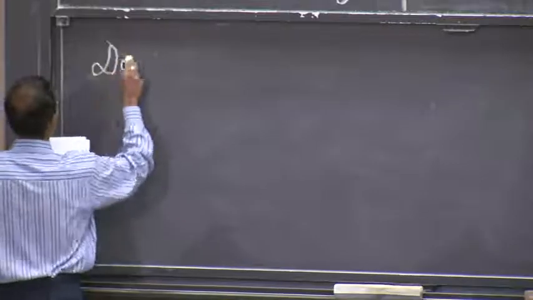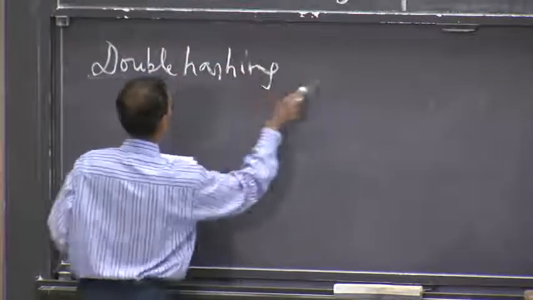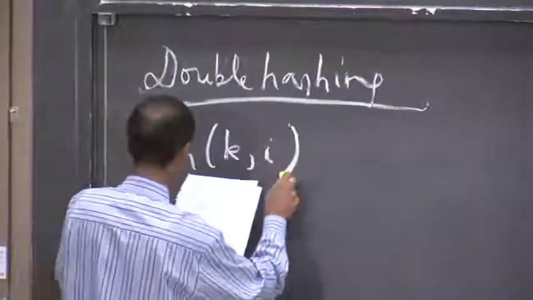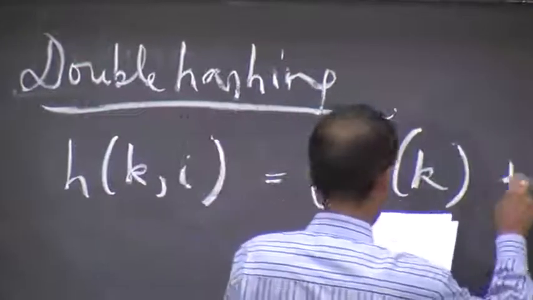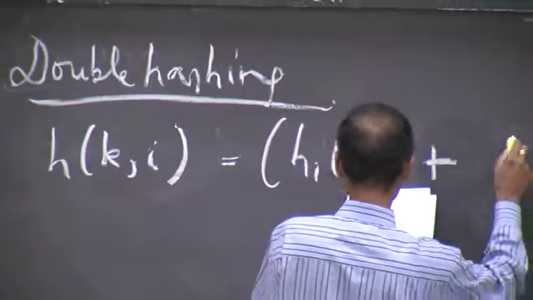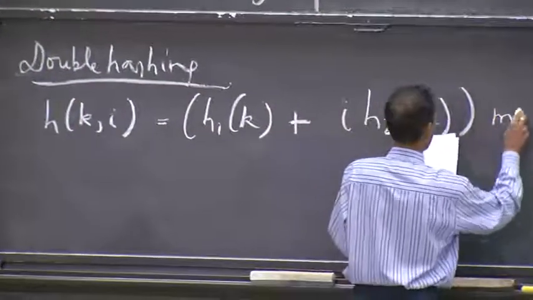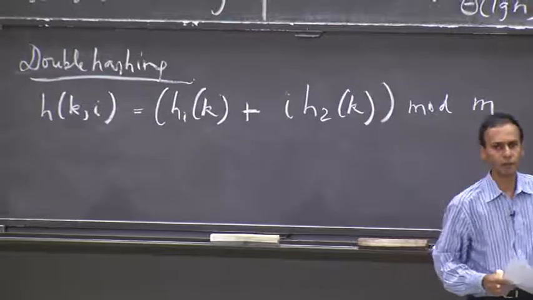And so the notion of double hashing is that you have h(k, i) equals h1(k) plus i times h2(k), mod m. And h1 and h2 are just ordinary hash functions. Okay?